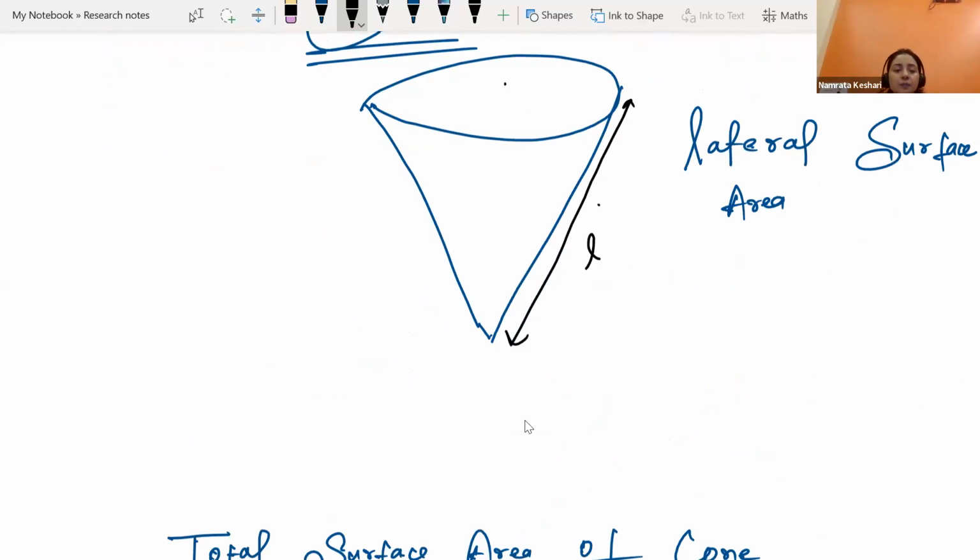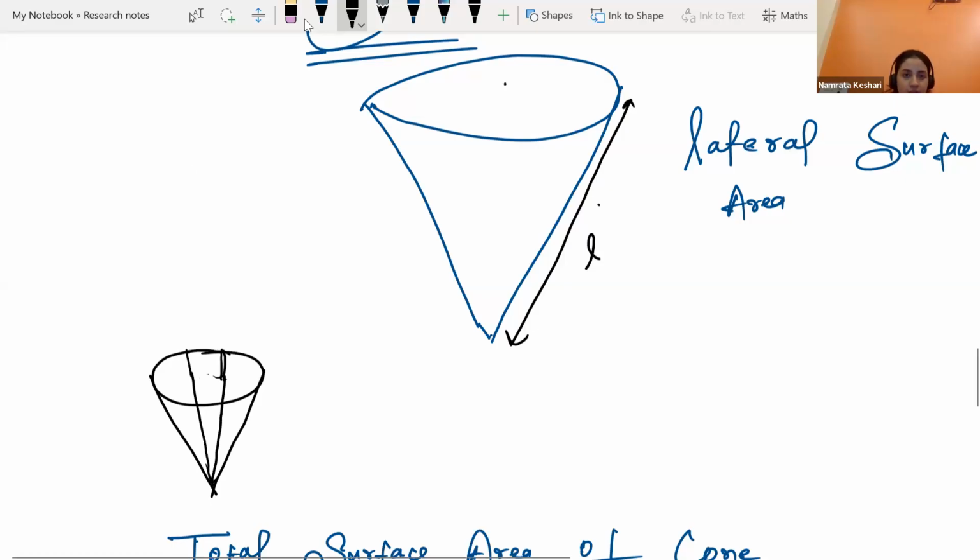If we open this cone, let me try drawing the figure properly first.